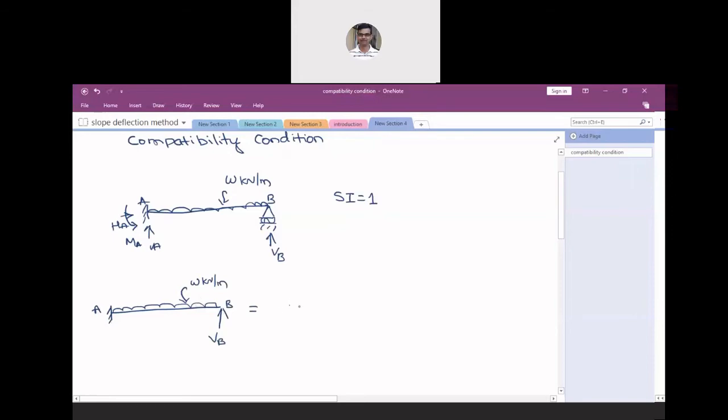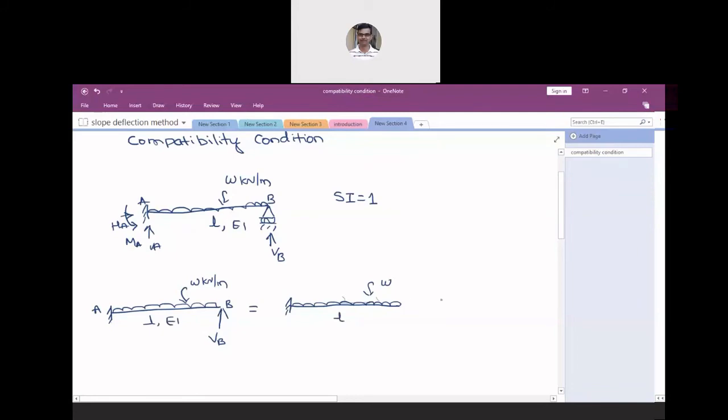Now, this beam I can split into two beams. One is a cantilever beam which is subjected to a uniformly distributed load of magnitude w, say the length of the beam is L, and it has a flexural rigidity of EI.